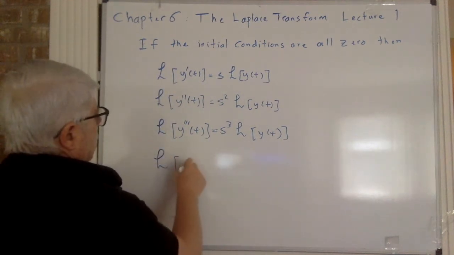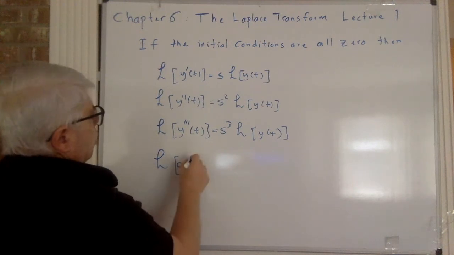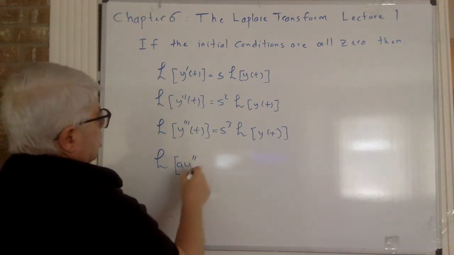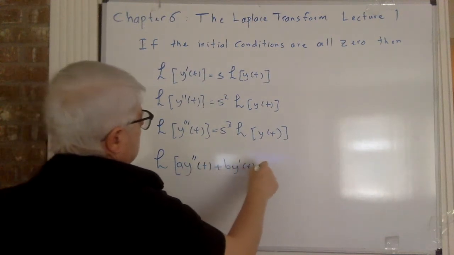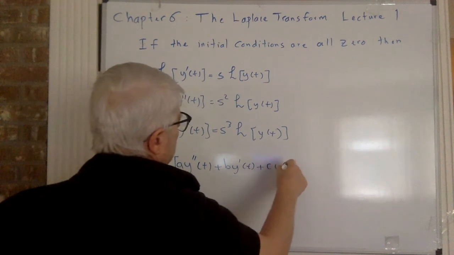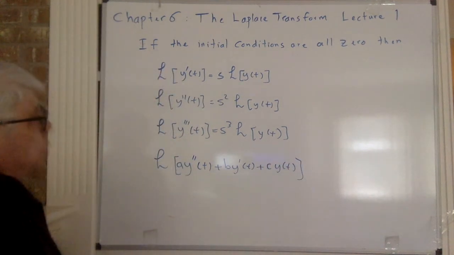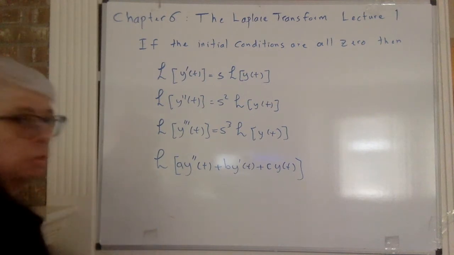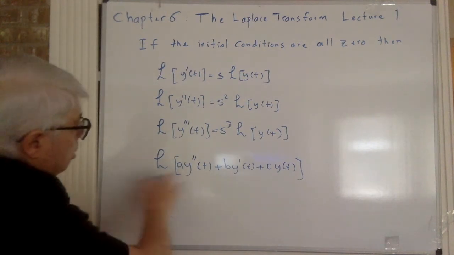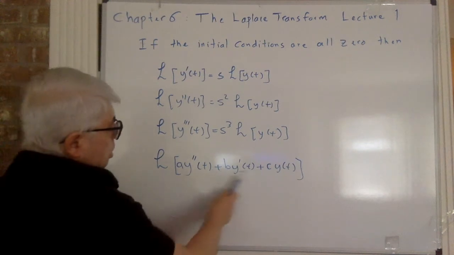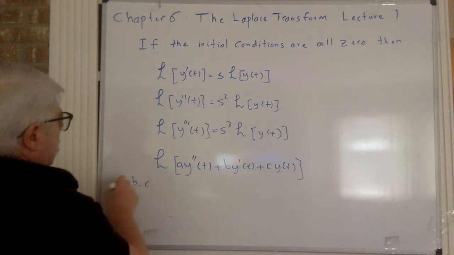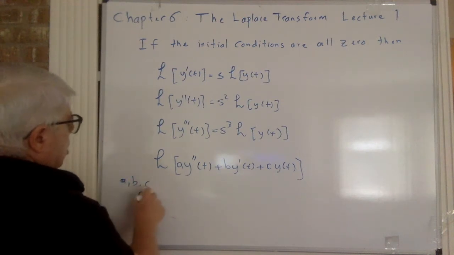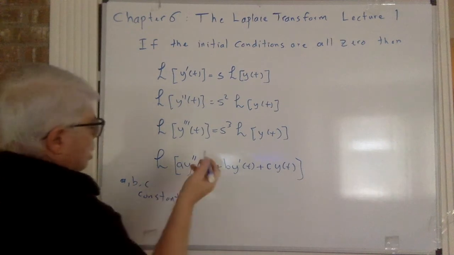And what happens to L of a y''(t) plus b y'(t) plus c y(t), assuming the initial conditions are all zero? Remember, L is a linear function, so it distributes over addition and constants, and a, b, c are constants, just real numbers.